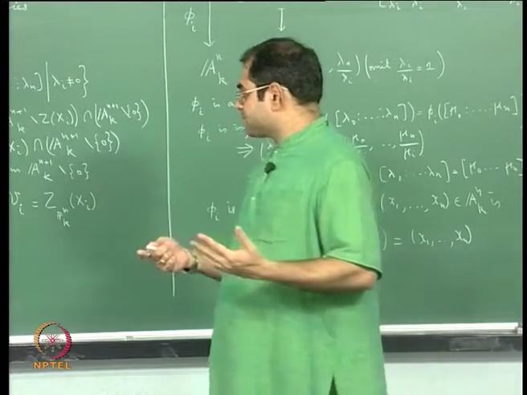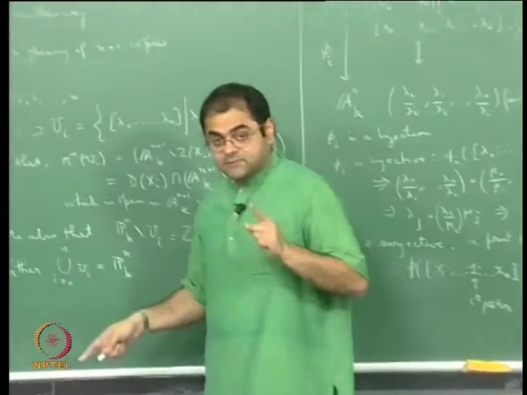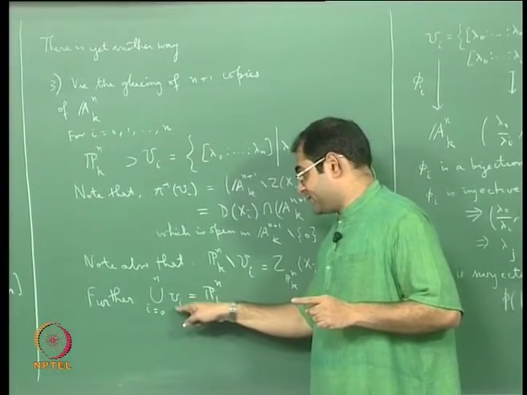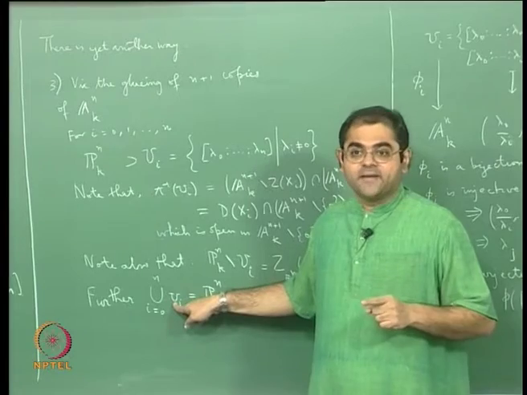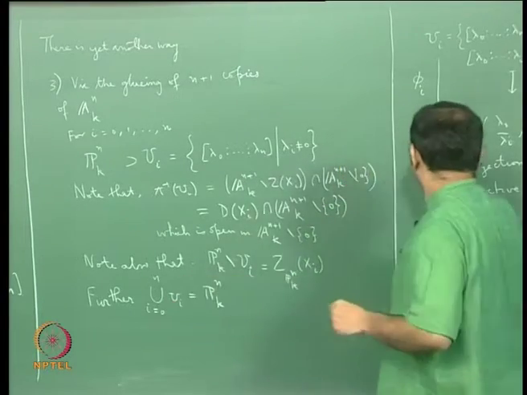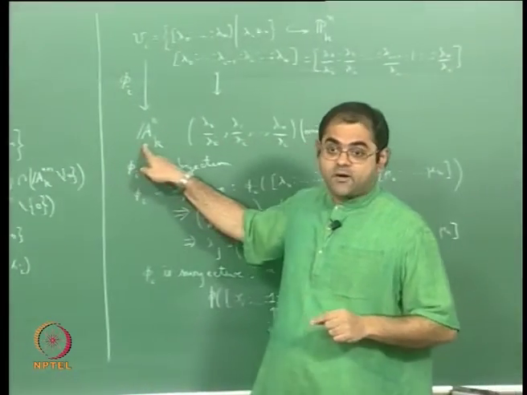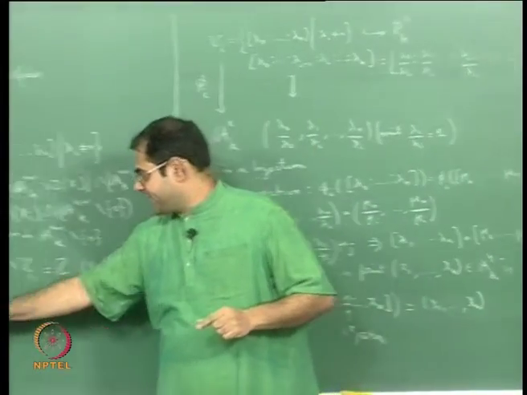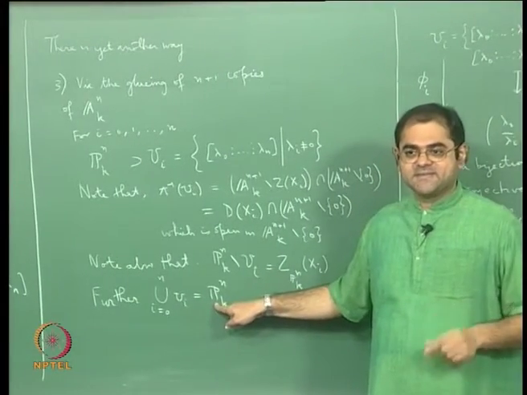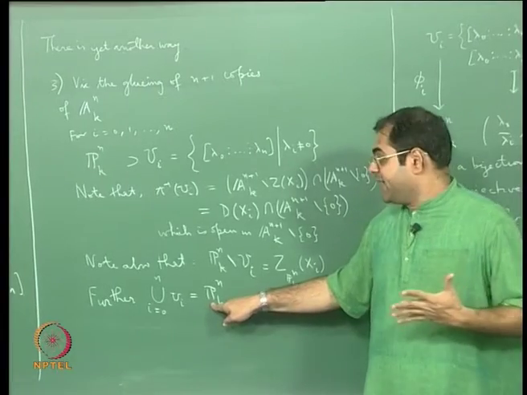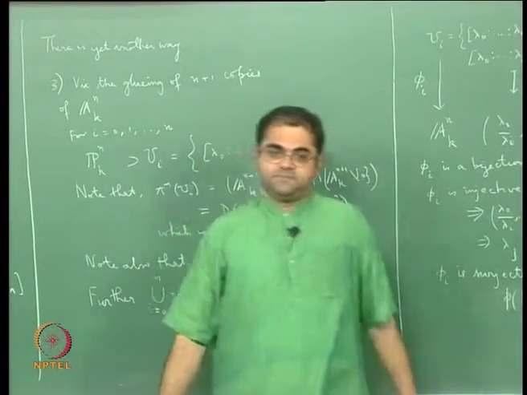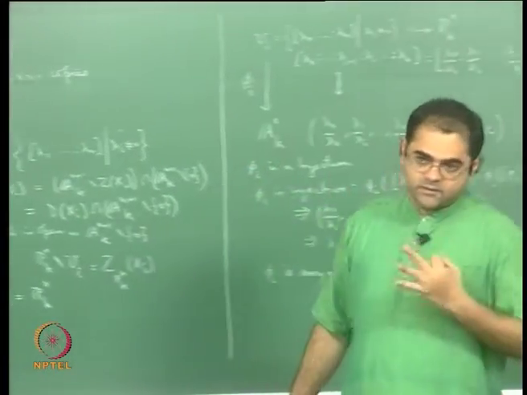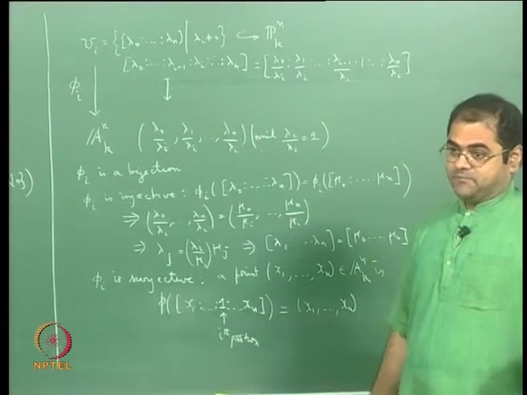And the fact is that all these topologies on each UI, which come from the Zariski topologies on affine space, glue together and give you a topology on the projective space. This is the third way of getting a topology on the projective space, and all the three are one and the same. So there are three ways of giving a topology on projective space and they are all the same.